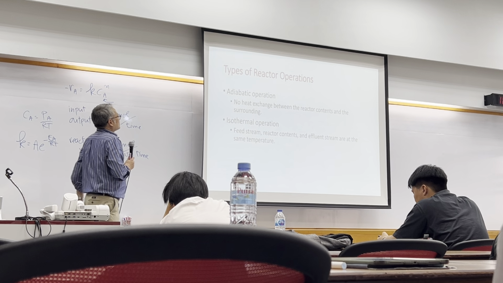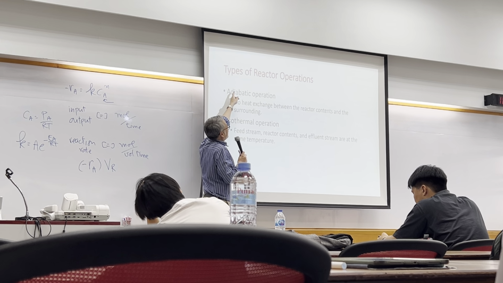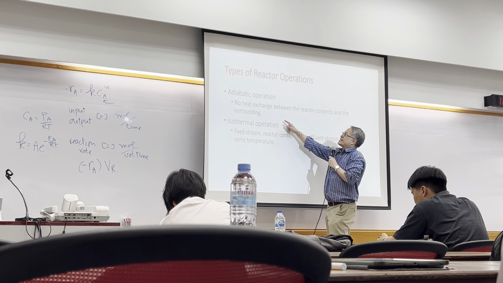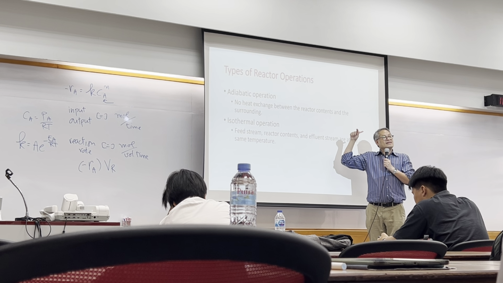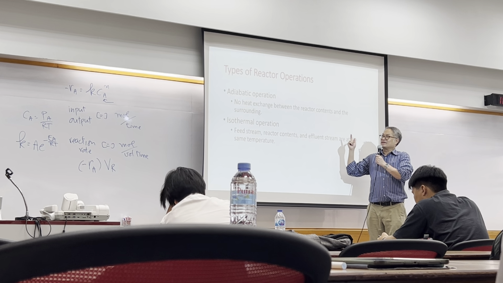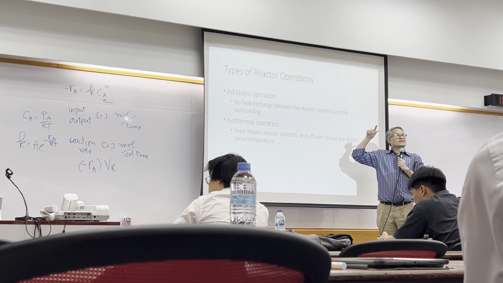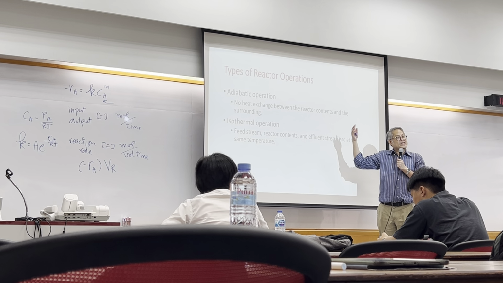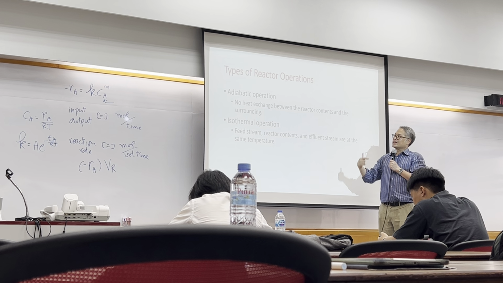Then there's also this type based on heat transfer, okay? Adiabatic means no heat exchange between the reactor and the surroundings. So Q dot is zero, okay? When you run the adiabatic reaction, the reactor will be insulated, and the temperature will change, either go up when it's exothermic or come down when it's endothermic, okay?